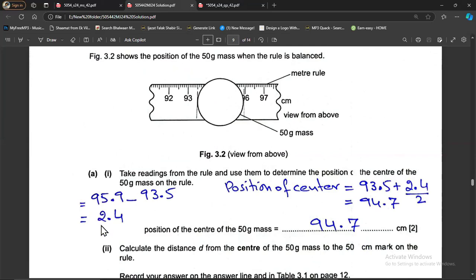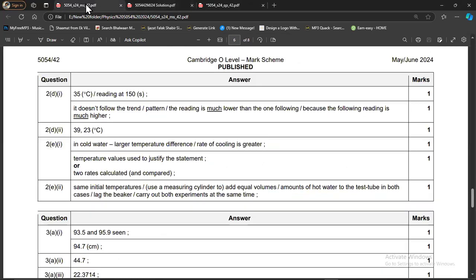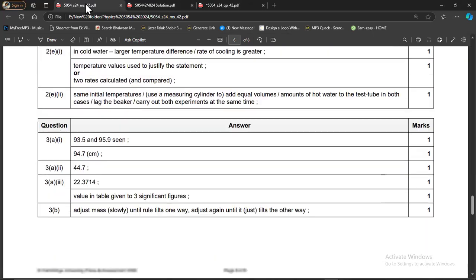You subtract them, you get 2.4. So this diameter is 2.4. So from 93.5, I will add the radius, that is 2.4 divided by 2. So you will get 94.7. So the center of this circular mass is at 94.7, approximately. 94.7 is the answer.